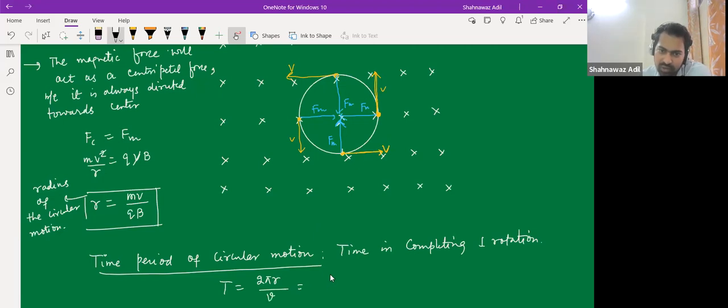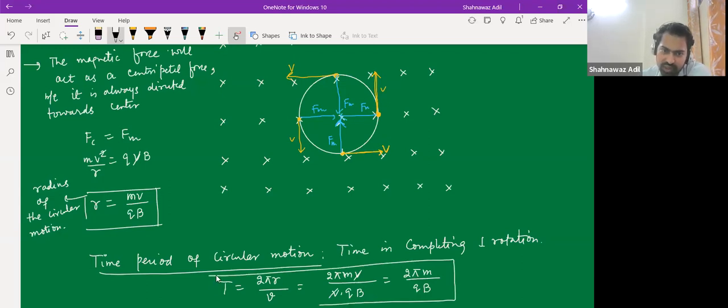R is mv by qB, so v cancels, and we get 2 pi m by qB. This is my time period of oscillation. Understood, guys? Any problem up to this point?